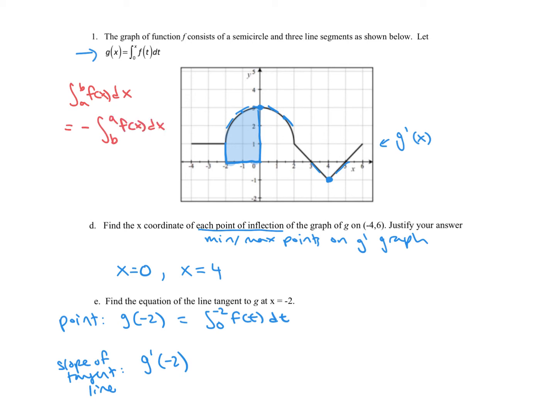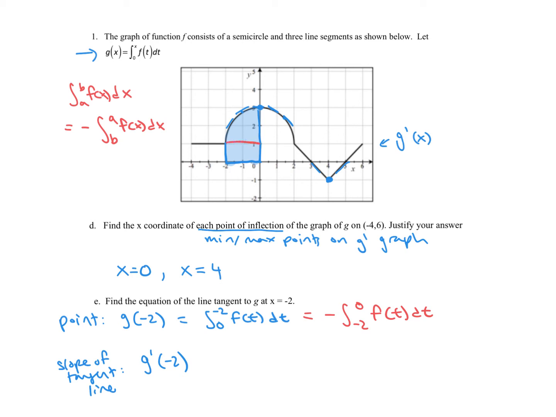So if you switch your limits of integration, you would put a negative out front. So I could also write this as negative integral from -2 to 0 of f of t dt, and then I'm integrating from left to right.